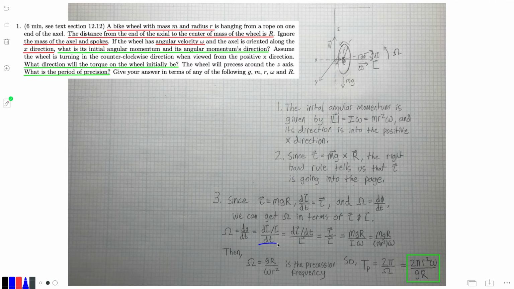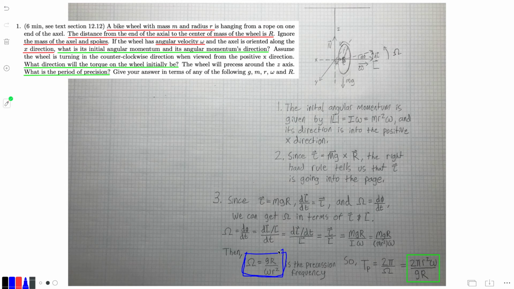And using L and some of these definitions here, we can go along this list, and we end up getting torque over the angular momentum. From here, we can substitute this I out to get it in terms of mass and the radius. And this is good. We can simplify it here, and this is our precession frequency, but this is in radians.